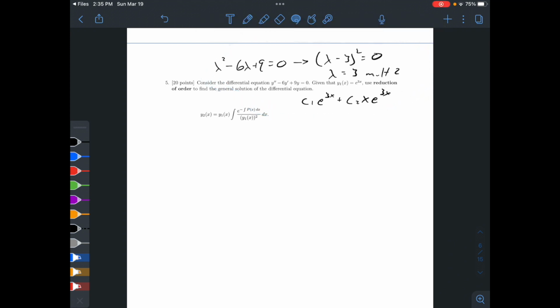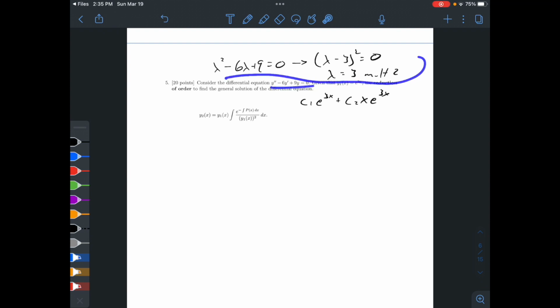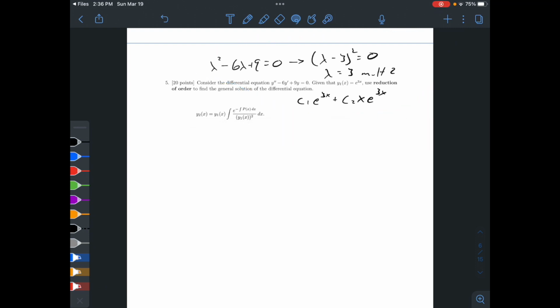What I would do in the future is one of two things. If it's something like this where you could just do the whole characteristic equation thing, then I would specify use reduction of order. Or if it's something a little bit more complicated, and you're not able to find the solutions in this way, I might just say, given that y1 is equal to something, find a second solution, or find the general solution.